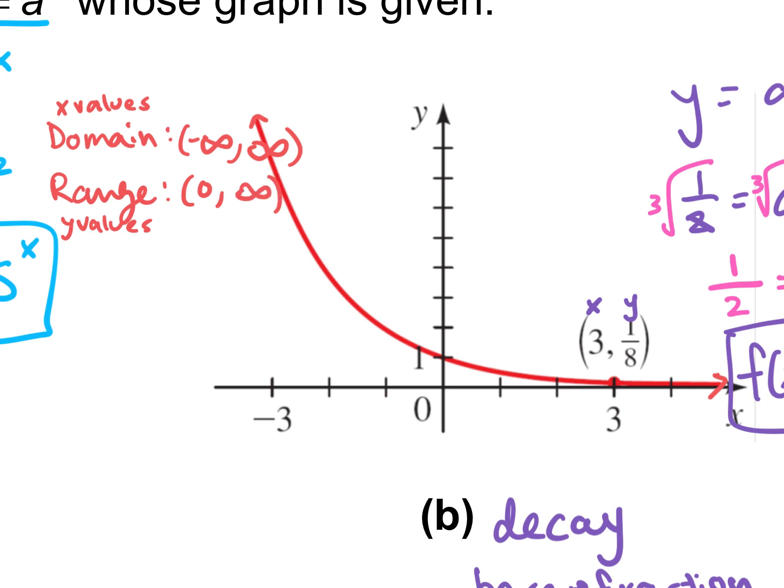So this is always going to be the domain and range for your parent functions. If our graph shifts in any direction, so if we shifted up 1, our range would shift up 1 with it, so it would be from 1 to infinity. It just depends on what transformations are happening to your graph. So use the graph to help you find the domain and range. There are questions on WebAssign that ask for those.